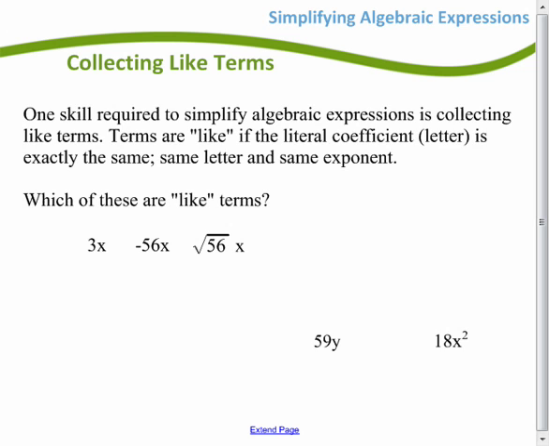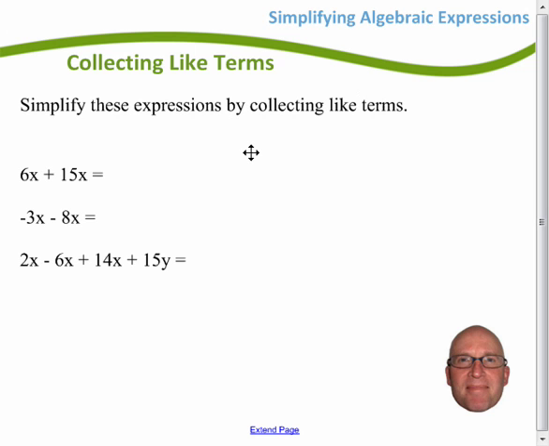Okay, so if we are collecting like terms, like in these examples here, and they probably showed you something like this in your textbook, if I have 6x plus 15x, I notice that each has an x. So, like the textbook says, I can factor out an x.